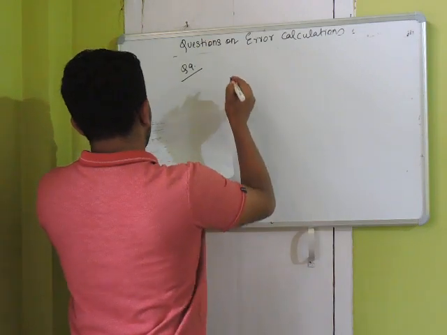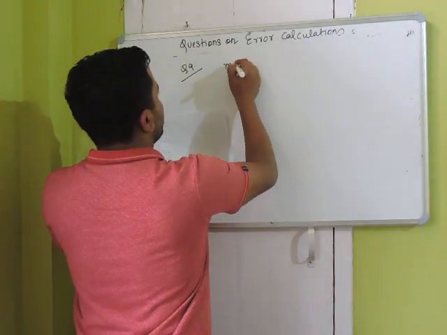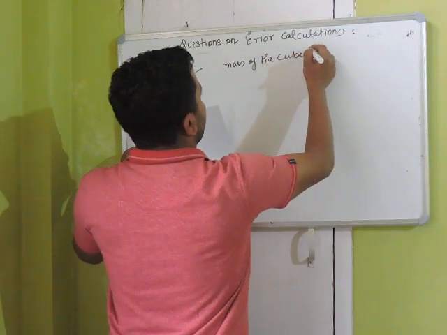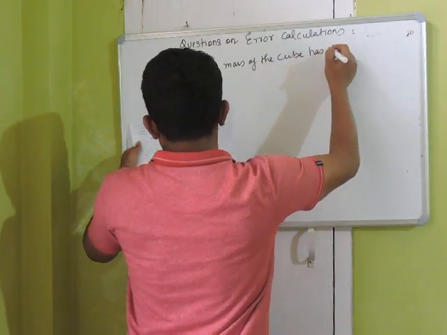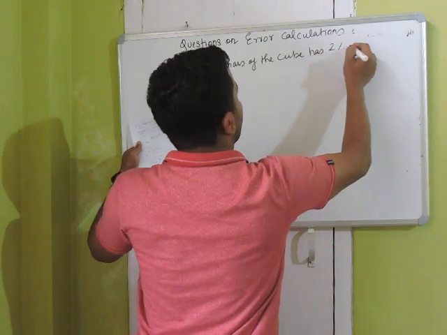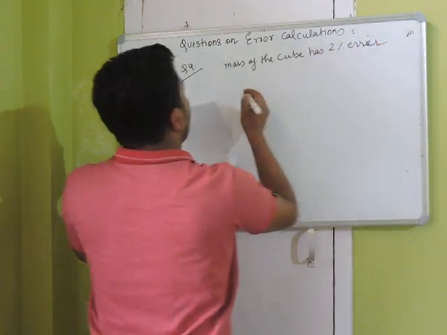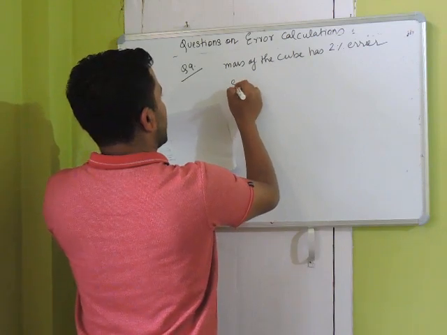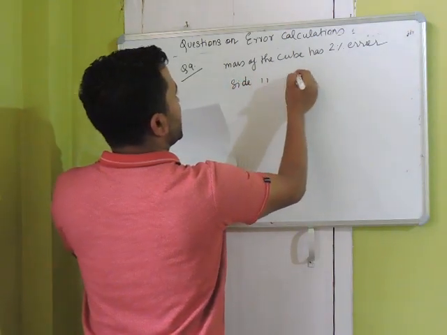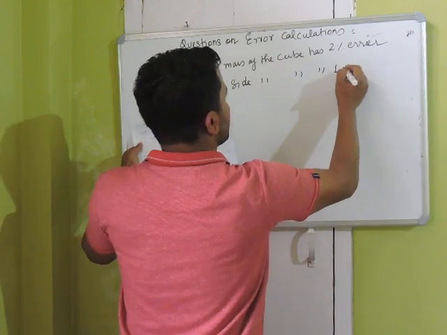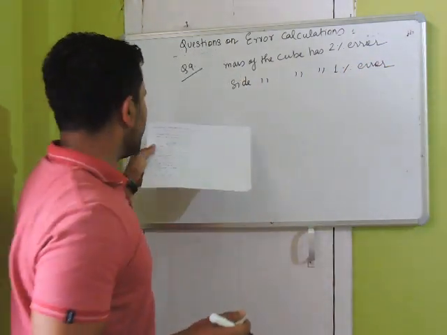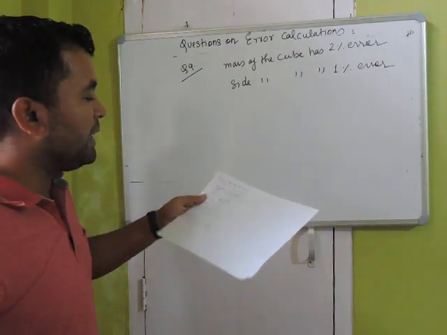It is given that the mass of the cube has 2% error, and the side of the cube has 1% error. The question is, what is the maximum percentage error in density?